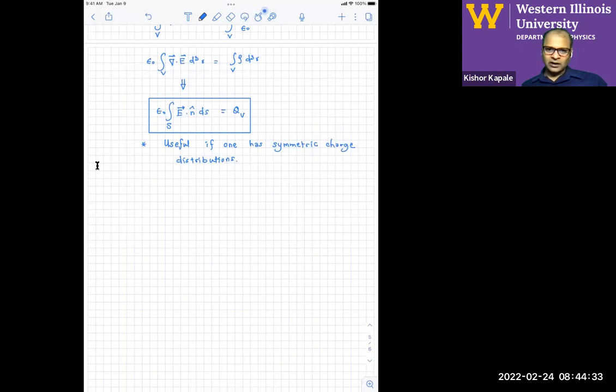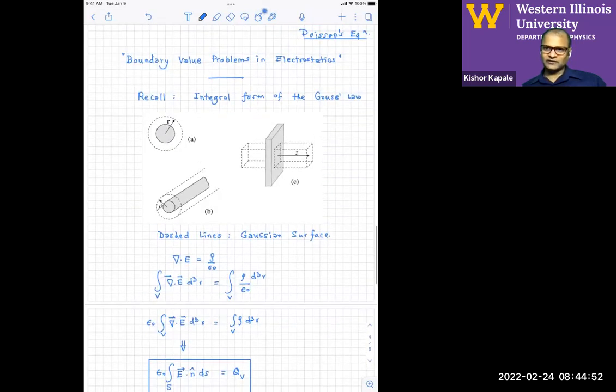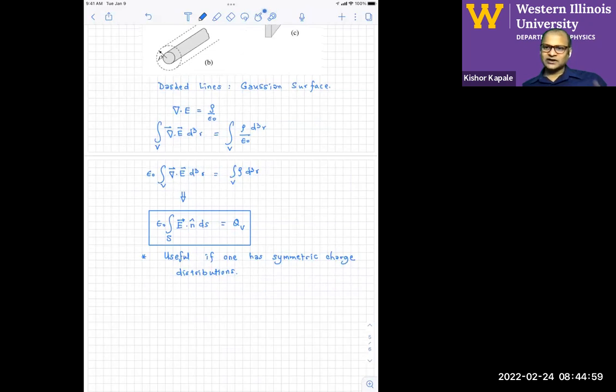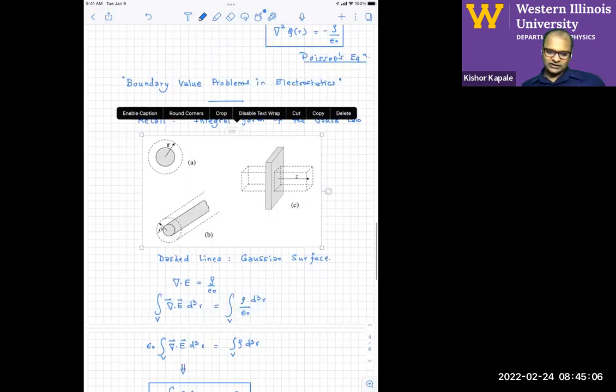I'm sure in your undergraduate E&M classes, you have solved many Gauss's law based electric field determination problems, so I'm not going to go through the process. You can see the Gaussian surface is your first step, and those are shown here in the diagram. Then you break that surface into small elements, and that surface integral gets split up. In the case of the sphere, it's just one surface.